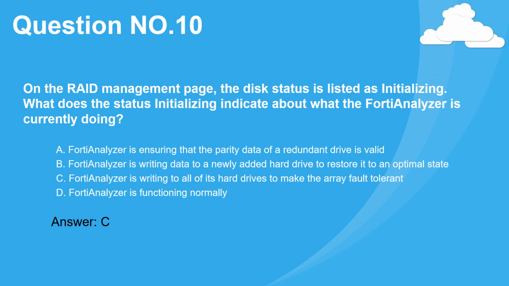B. FortiAnalyzer is writing data to a newly added hard drive to restore it to an optimal state. C. FortiAnalyzer is writing to all of its hard drives to make the array fault-tolerant. D. FortiAnalyzer is functioning normally. Answer C.